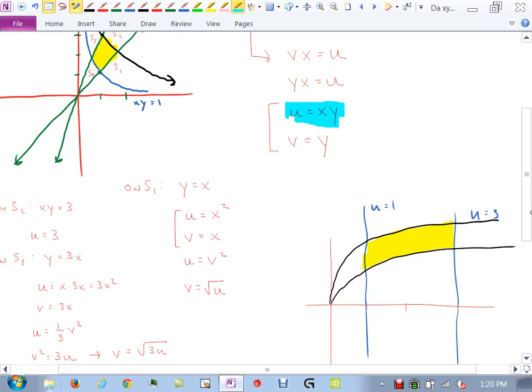That means that u must be v squared, right? If v is x, then that's v squared, so u is v squared. That means v is the square root of u. So this is all just algebra, to try and get my head around what this line looks like as I transform it. And what happens is you get basically a square root function.